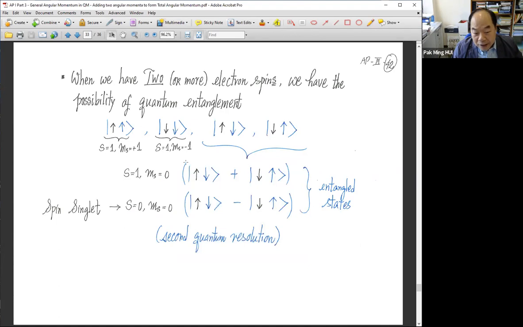The characteristic is that it is a combination of both possibilities. So if you were this first particle, by quantum mechanics, you are both in up and down state in this combination. So is the other guy, okay? So if you are born this way, your fate is coupled with the second spin.